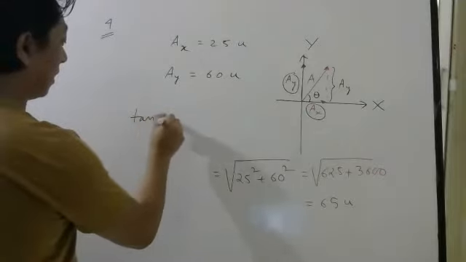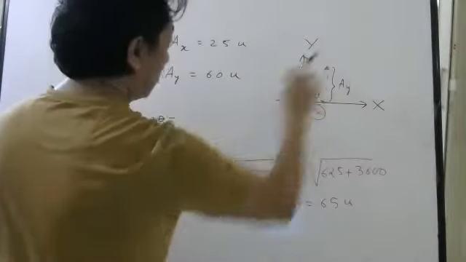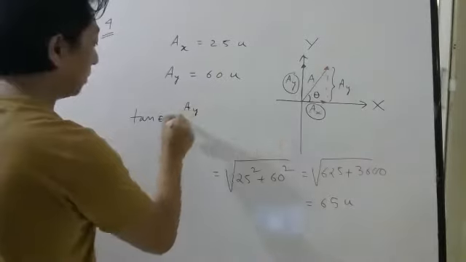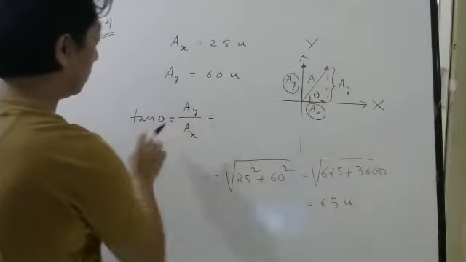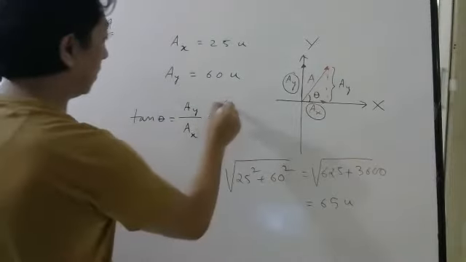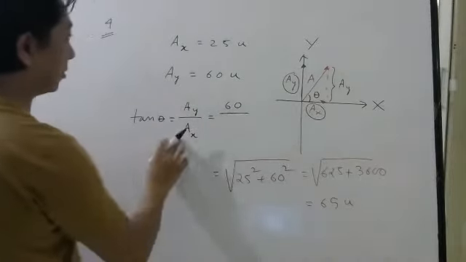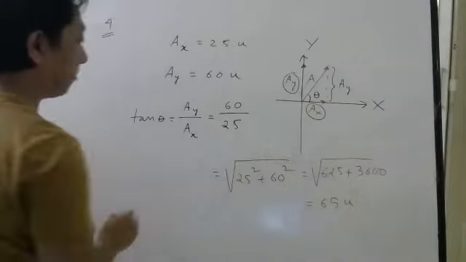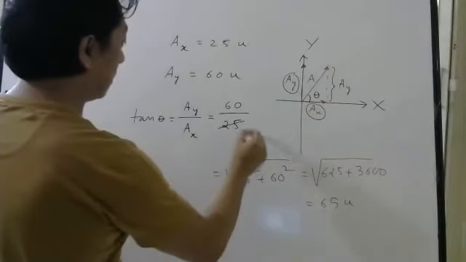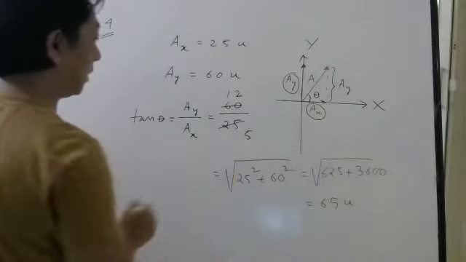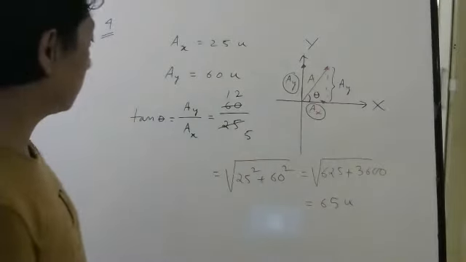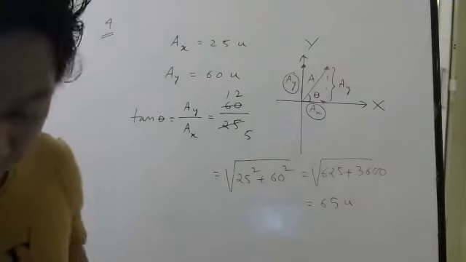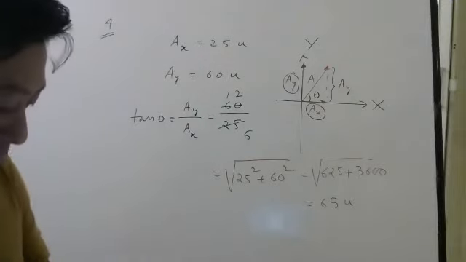Tan theta. So tan theta is the opposite side, your y component, over the adjacent side, your x component. So y component is 60 units, x component is 25. This will be 12 by 5 I am getting. Is it correct? 12 by 5.